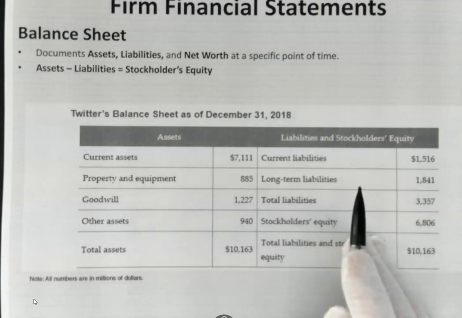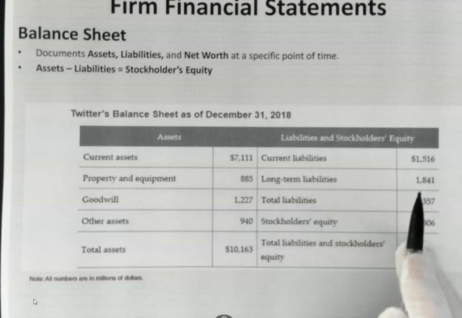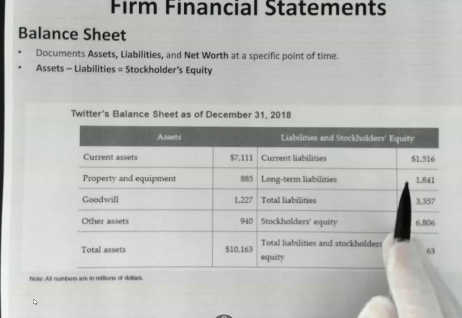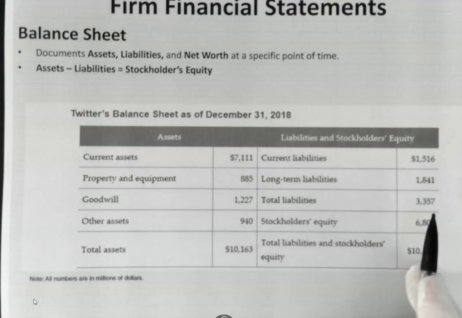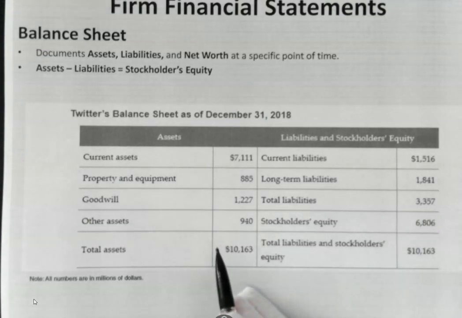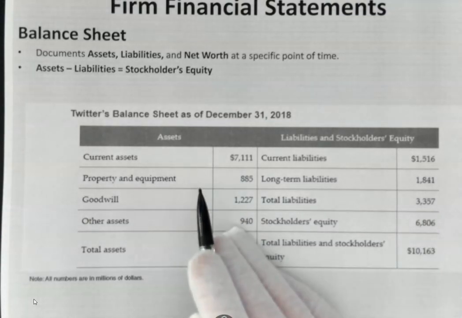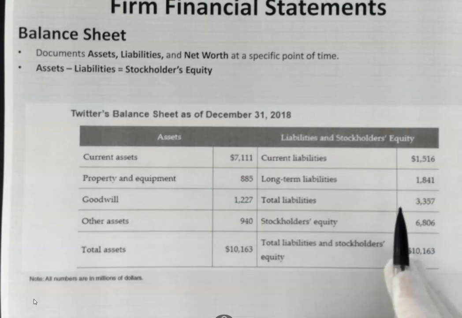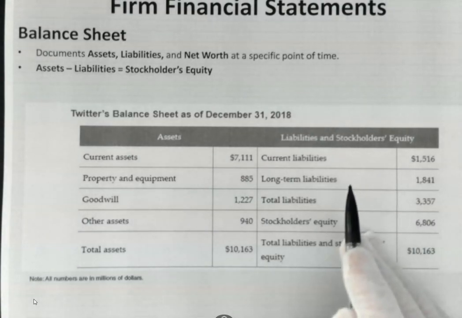Long-term liabilities are non-current, which means these would be over a year. A bond that matures 2 years from now or 10 years from now. A bank loan that's not due for 20 years, that kind of thing. If you add these two up, you get total liabilities. Okay. Note again that when we're looking at total assets, you have current and non-current. And when you're looking at total liabilities, you have current and non-current, long-term.